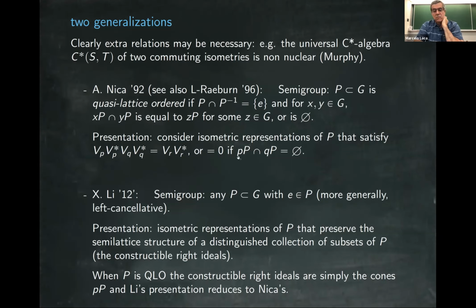And you get zero when those two cones don't intersect. So Nica realized that if you require that condition, it includes Cuntz's condition for the extension of the O_n, and it gives a very rich theory for this class of semigroups, because it characterizes the left regular representation very well, I mean, as well as it can be characterized in terms of relations.